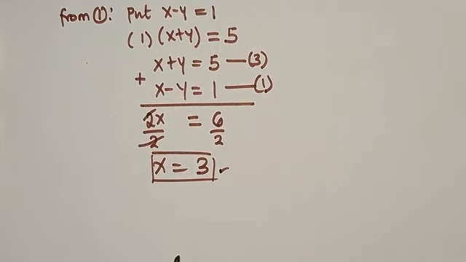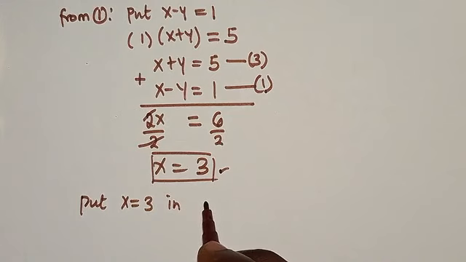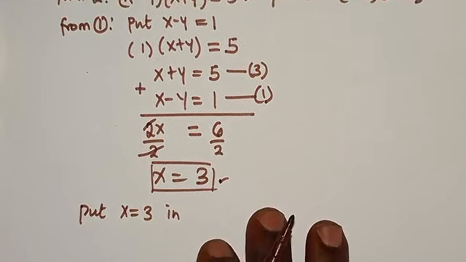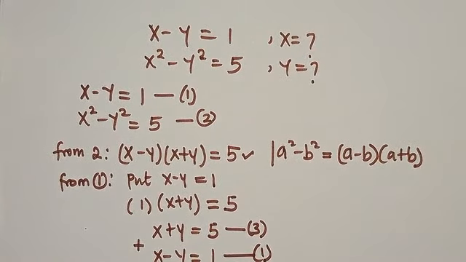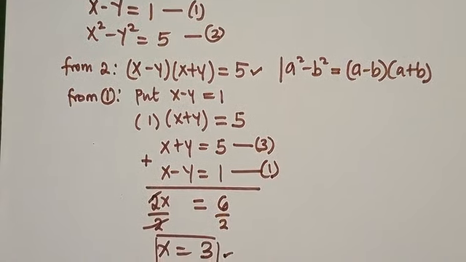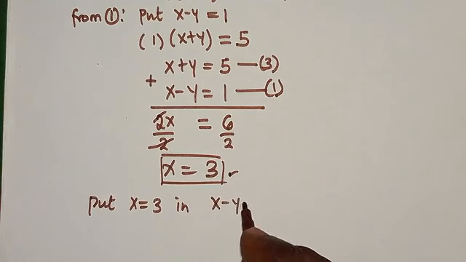So now the next thing we're going to do is put x equals 3 in any of the equations. But I'm going to be picking this simpler equation, which is equation 1, that says x minus y equals 1. So let me write it down: x minus y equals 1. Right?